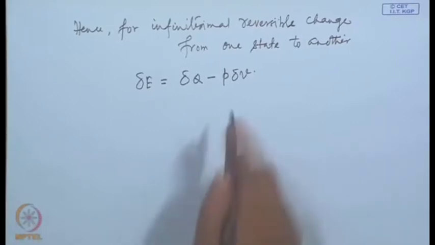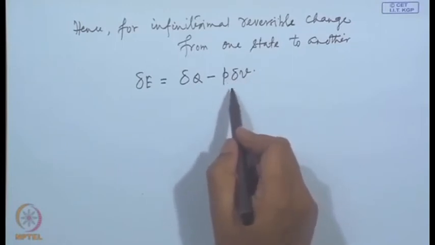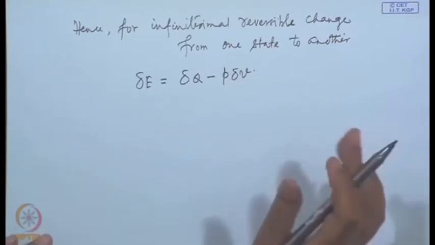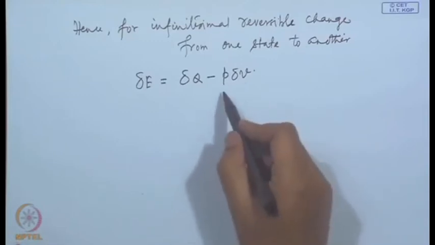Now, again see, the particular path by which the initial and final state are joined is relevant.